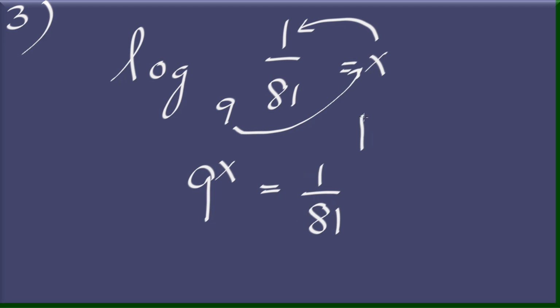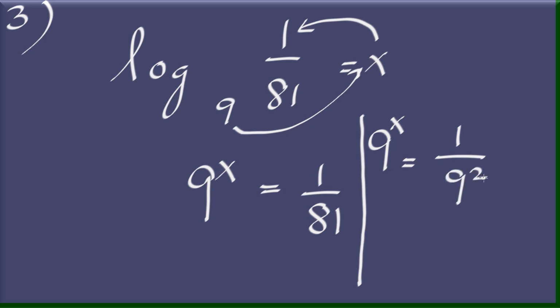So what we do is, first we write that 81 as 9 squared. Now, there's this property of exponent that allows us to bring this number down here to the numerator. Every time you do that, make sure you switch the sign of that power 2 to a negative.